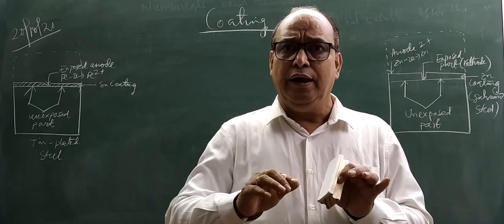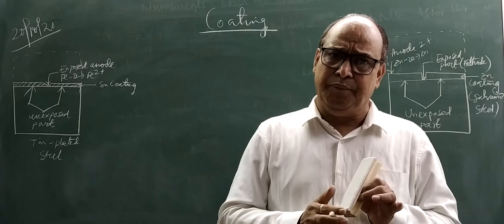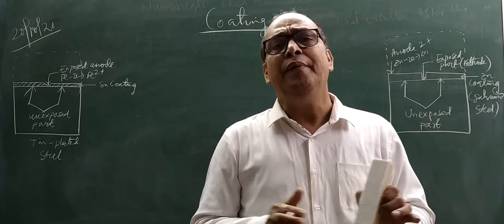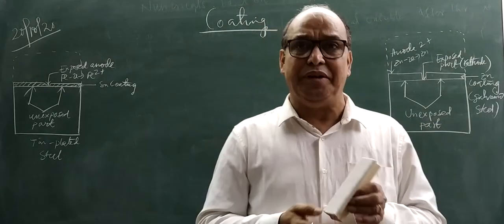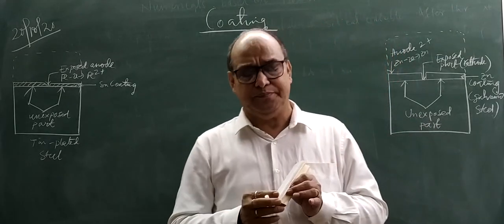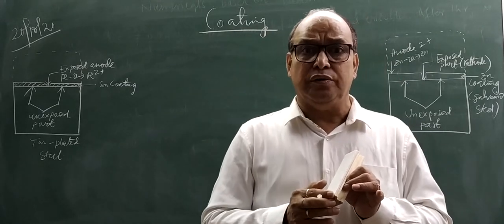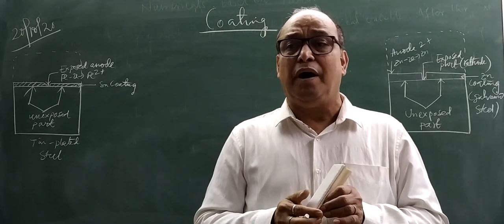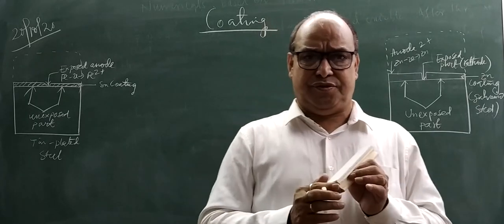Actually, coating material isolates the underlying structure from coming in contact with the corroding environment, and therefore the coating material we are going to use must comply with two very important parameters.